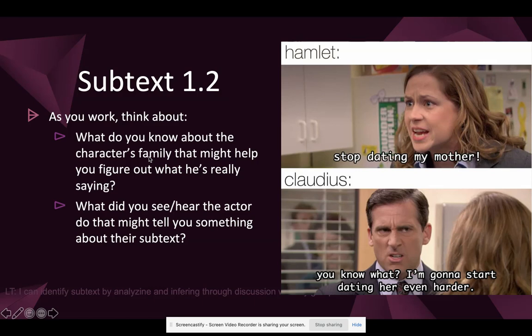Okay, so as you're working, what you want to think about is what you know about the situation or the character's family that might help you figure out what his real meaning is, and what you saw in the video. So, what did you see or hear the actor do that might tell you something about their subtext?